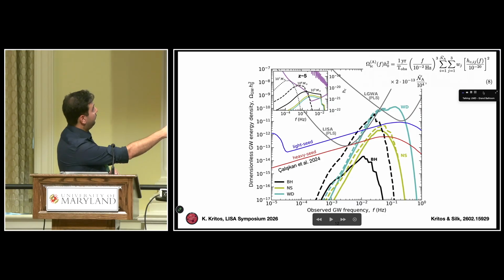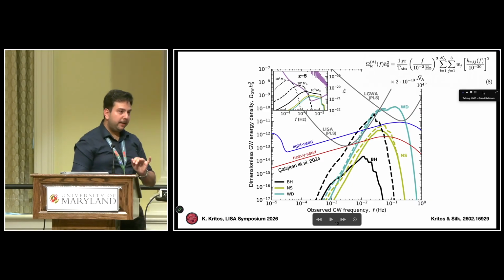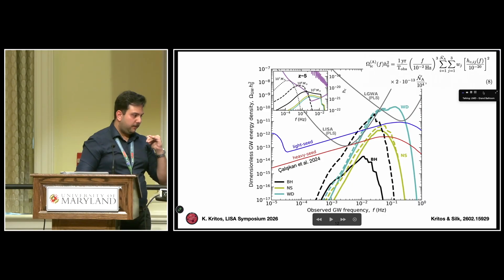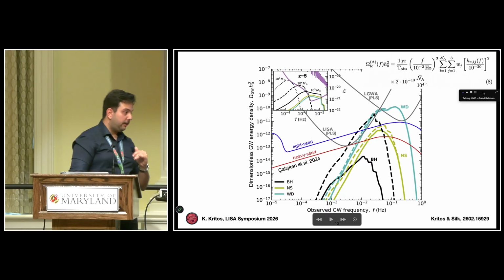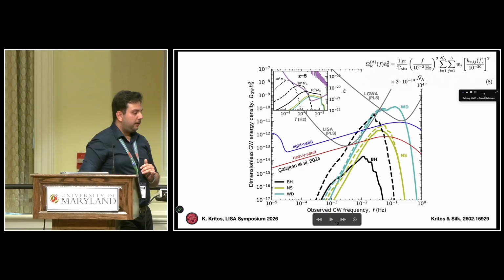In particular, the white dwarf background is what I want you to look at. This background is essentially the normalized energy density from captures of white dwarfs, and that dominates over everything else.